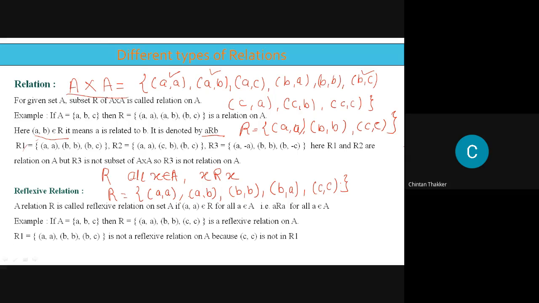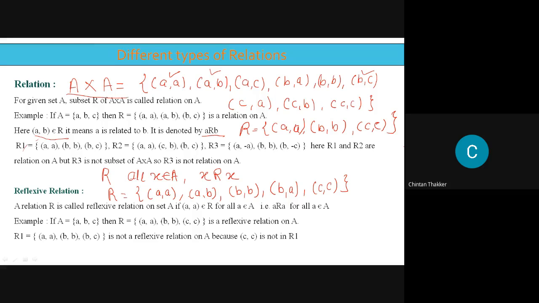Say here R1 is given. It contains the elements (a, a), (b, b), and (b, c). So this R1 does not contain (c, c).